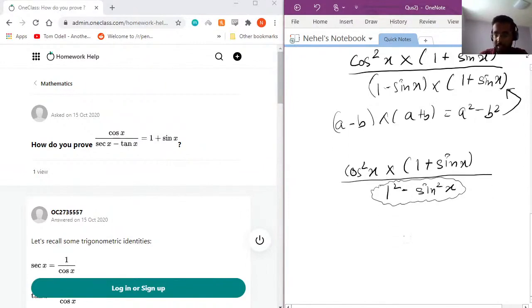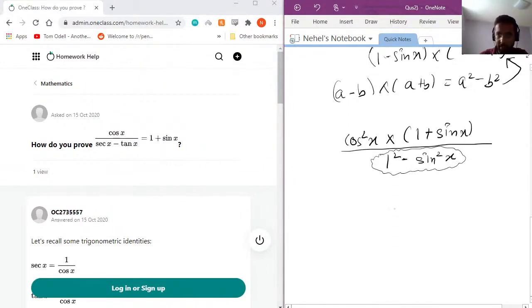We can simplify this and write this as cos squared x. So if I substitute cos squared x instead of 1 minus sin squared x, I would be left with cos squared x times 1 plus sin x in the numerator, and cos squared x in the denominator.